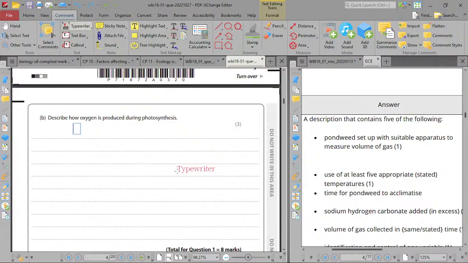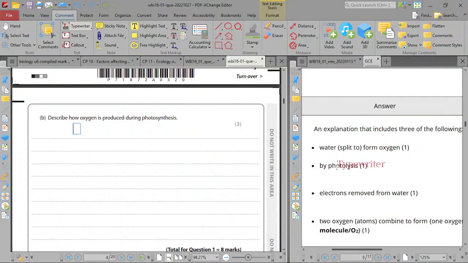Where, not the electrons. I actually don't remember, but I do remember it's in the light-dependent reactions. And in order to produce H plus, it also releases oxygen or something.